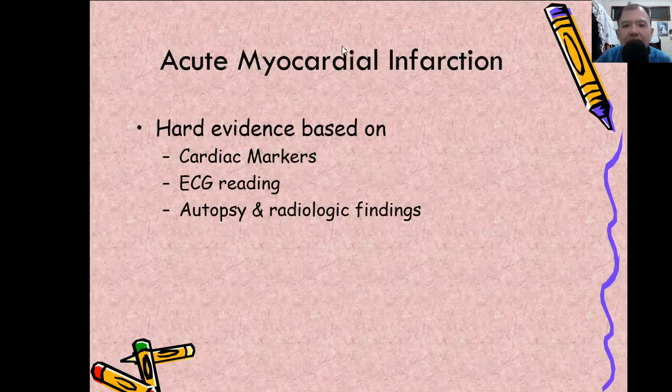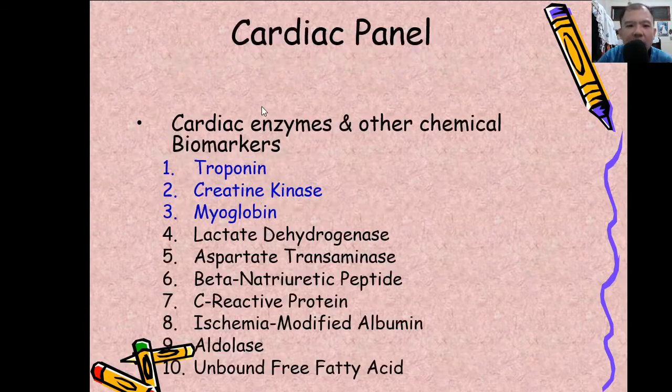In acute myocardial infarction, the evidence is based on the following: cardiac markers, ECG tracings, and autopsy and radiologic findings as well.